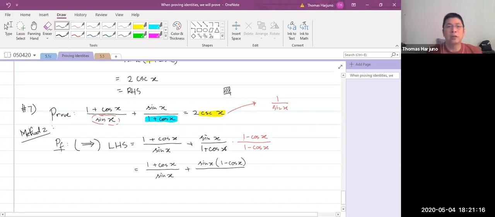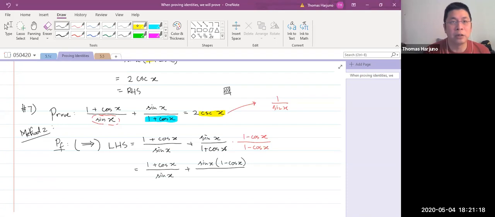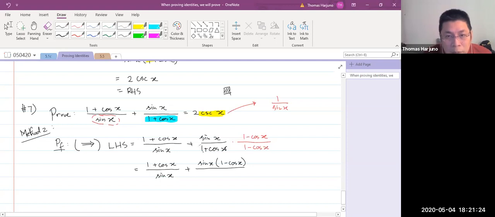Now, the reason we multiply by the conjugate is because you will get 1 minus cosine squared, difference of squares, right? That becomes 1 minus cosine squared x. Do you see that?